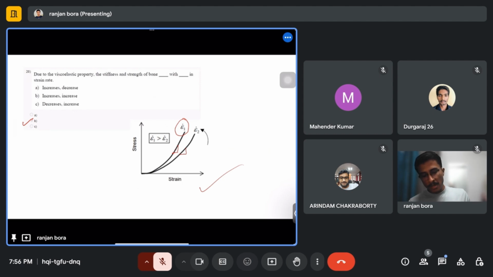That's why if we increase the strain rate, there is an increase in stiffness and also the strength, means the stress at which the material will fail. You can see this stress is relatively higher than this stress.